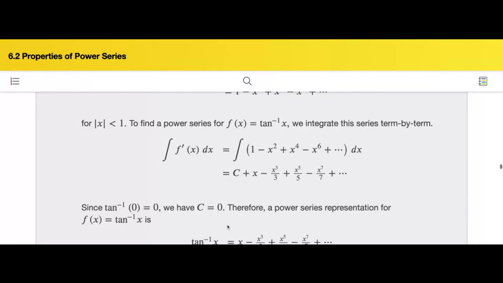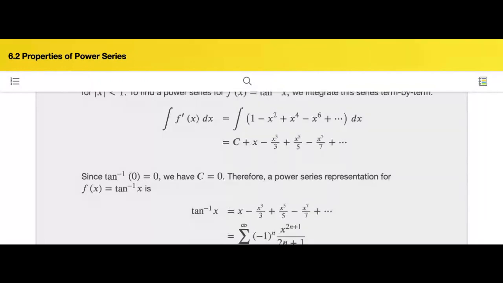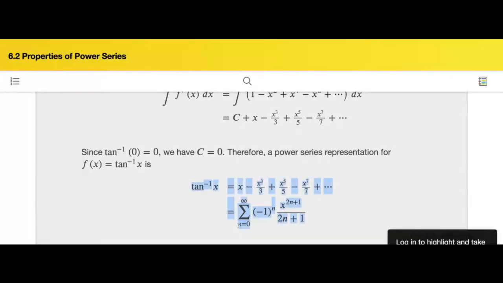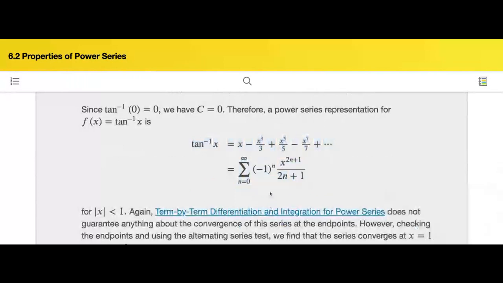So arctangent x has a representation of x minus x cubed divided by 3 plus x to the 5 divided by 5, and so on and so forth. And we write it in summation notation. We write it as negative 1 raised to n, an alternating series. The first term is positive, so we start the index with 0. Then x raised to 2n plus 1, because we see x to the 1, the next term is x to the 3, then x to the 5, right?